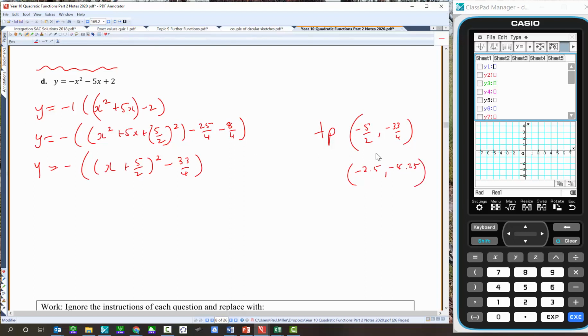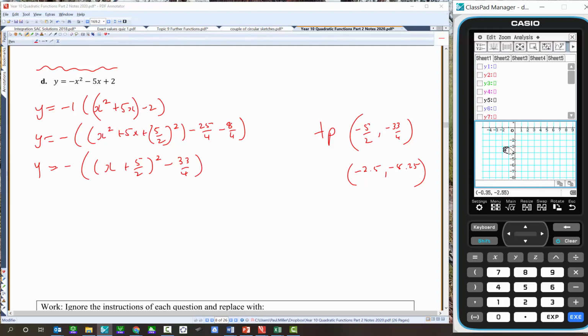All right, so if we graph this thing, what should happen is we should get a turning point, negative 8 and negative 2.5. So the turning point is going to be somewhere here. So let's find out by graphing the original function, which is negative x squared, take 5x plus 2. Just check it out and see.